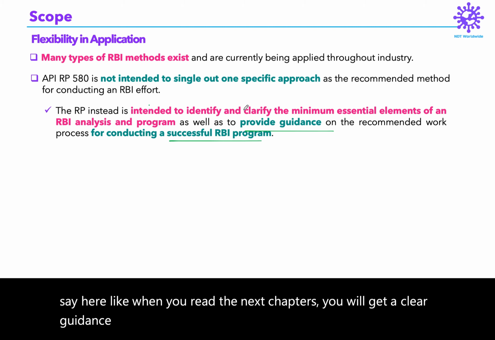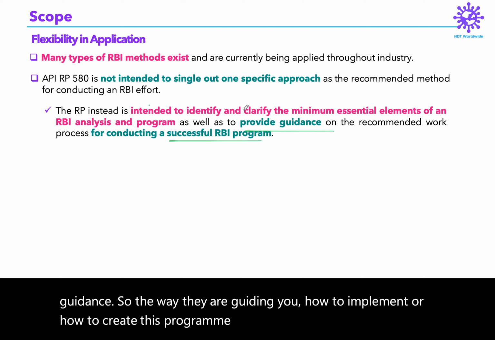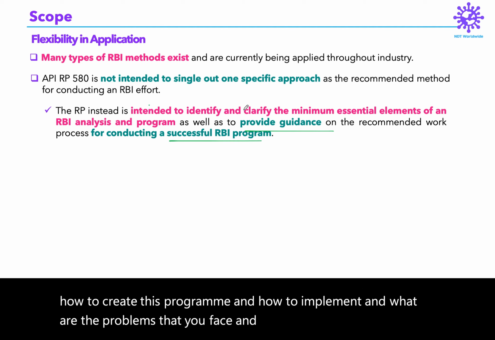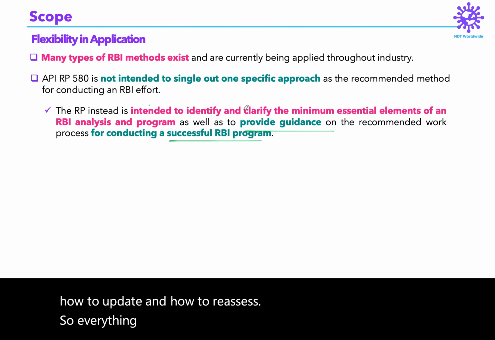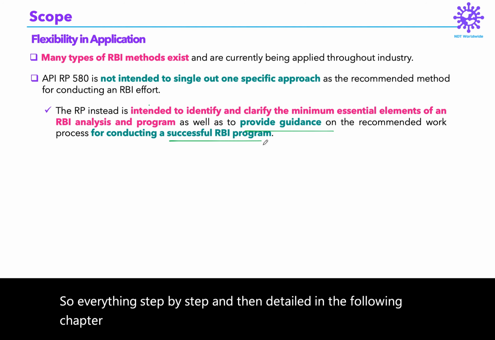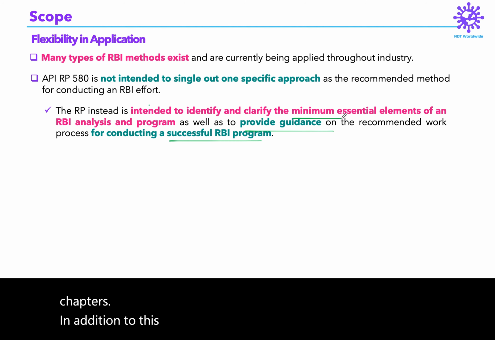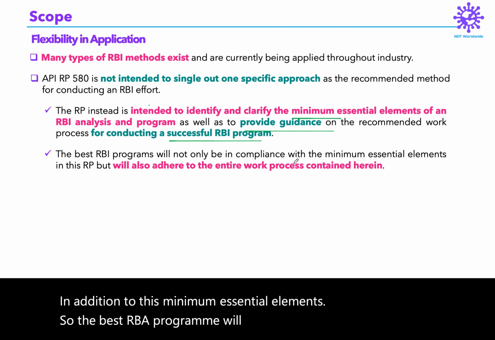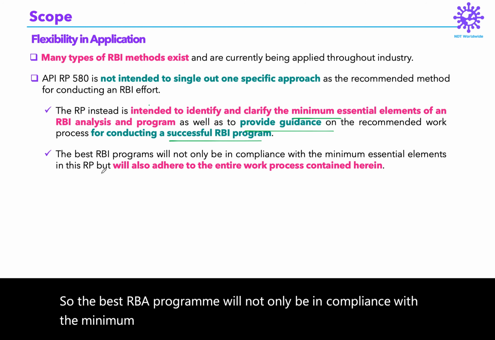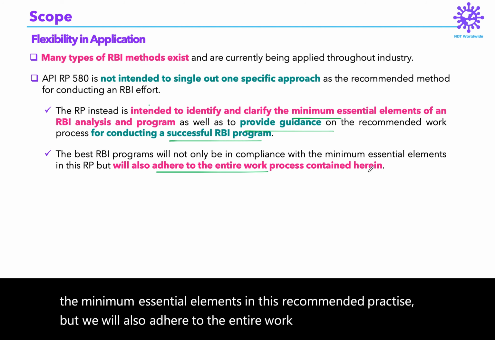They are guiding you on how to create this program, how to implement it, what problems you will face, how to collect the data, how to update and how to reassess. Everything is detailed step by step in the following chapters in addition to these minimum essential elements. So the best RBI program will not only be in compliance with the minimum essential elements in this recommended practice, but will also adhere to the entire work process contained herein.